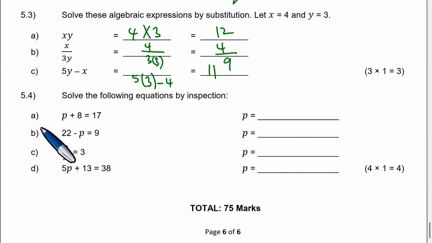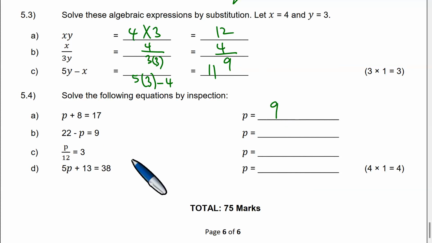Solve the following equations by inspection. What is the answer to 5.4a? So is it 9? Well done, 9.